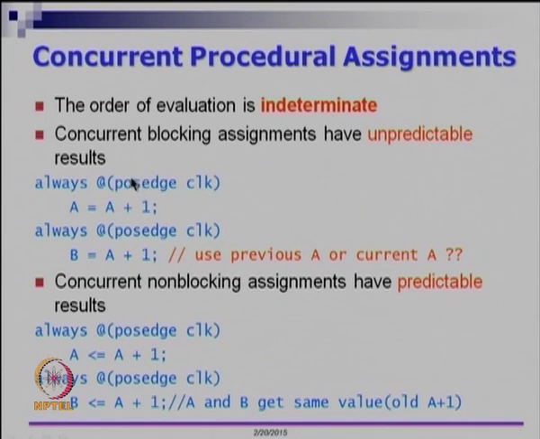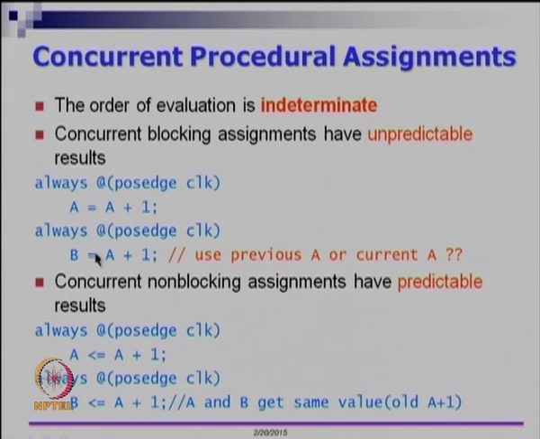So let us look at this. The order in which this always block will get evaluated has no relationship to this always block, right. At time step 0 you go here, let us say this block gets evaluated first, then whatever the current value of A is, you add 1, and because this is a blocking assignment you assign it to A immediately.